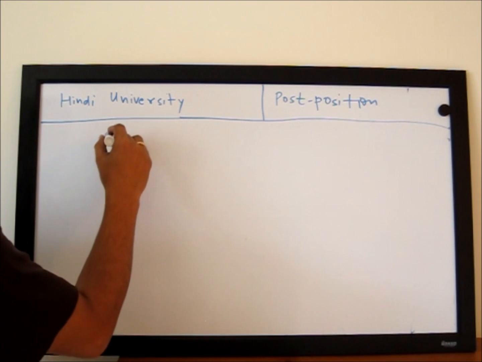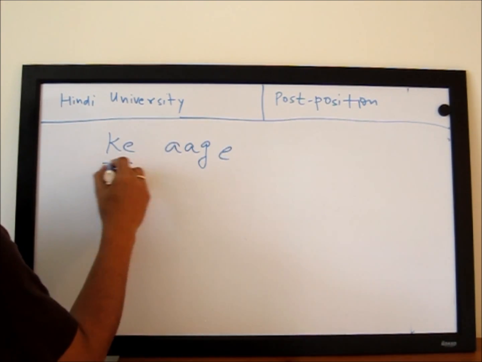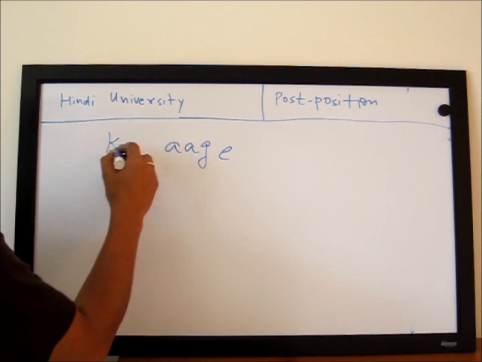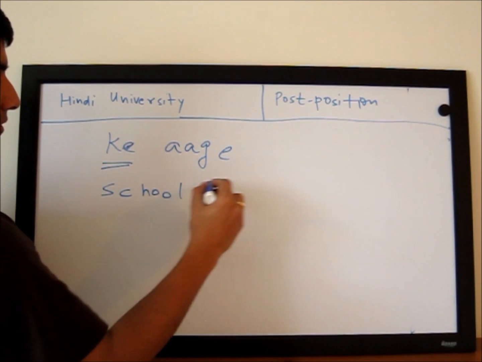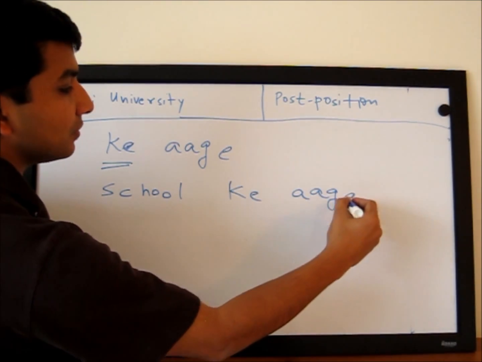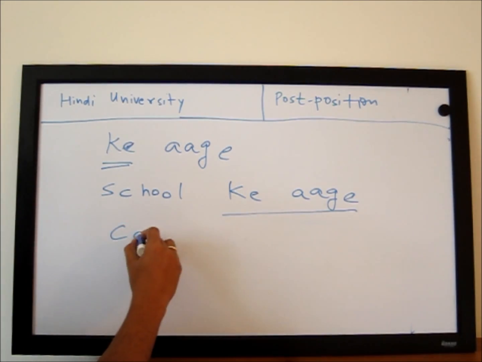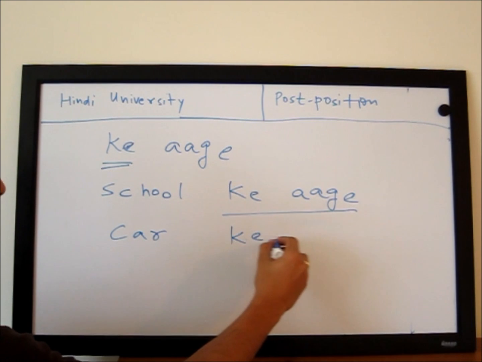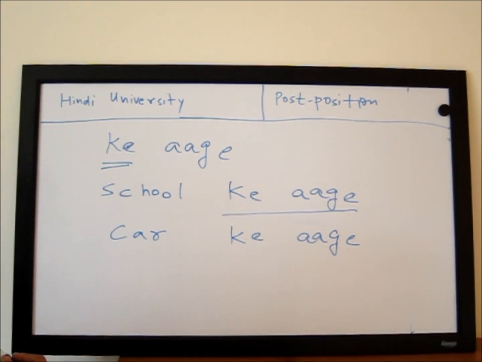So it will be ke aage. Ke you are familiar with. When I say school ke aage, it means ahead of school or in front of school. Car ke aage, ahead of the car.